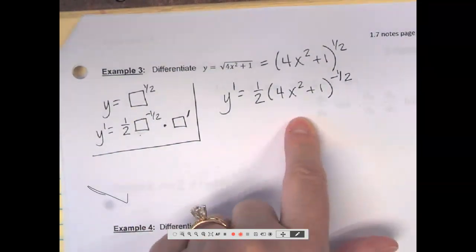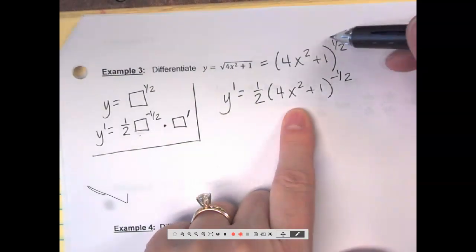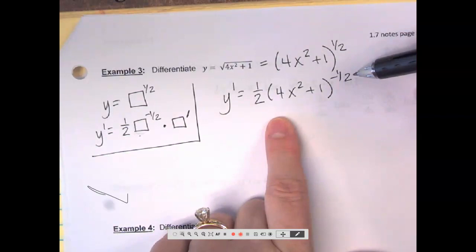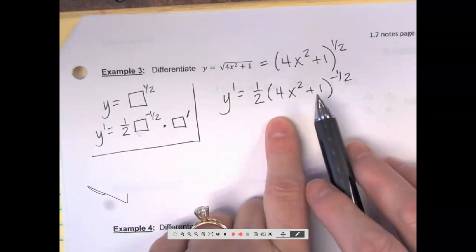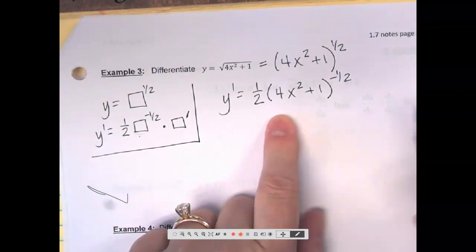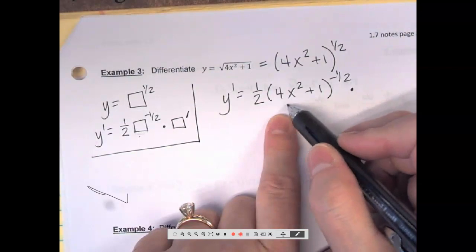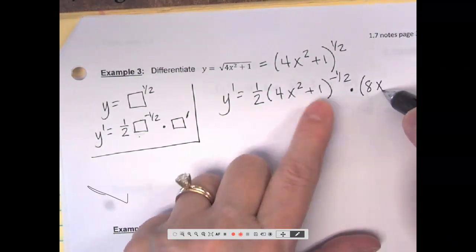So notice how I didn't change this at all. I just dealt with this exponent derivative. Bring the 1/2 down, subtract 1 from the exponent. Totally leaving that alone. Now I have to also take that derivative. So I will multiply by the derivative of this, which would be 8x plus 0.